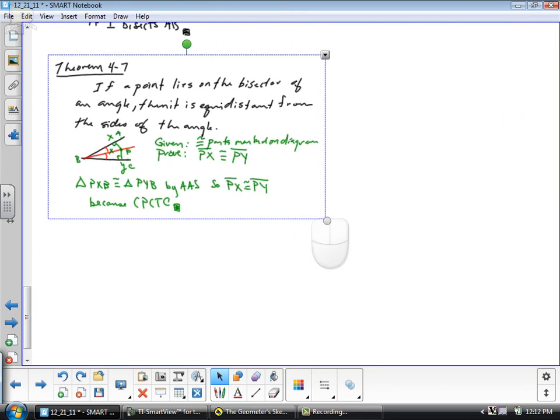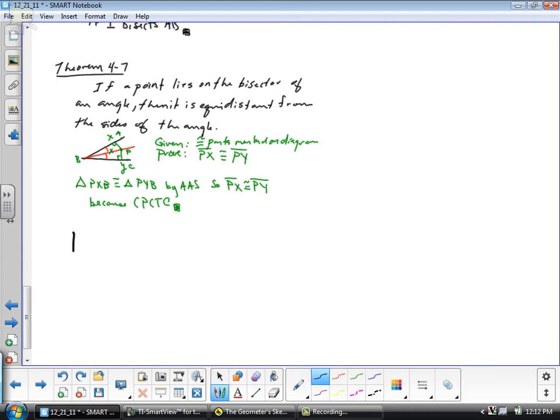All the rest of these theorems have been kind of quick. Theorem 4.8 says that if a point is equidistant from the sides, then it must lie on the angle bisector.